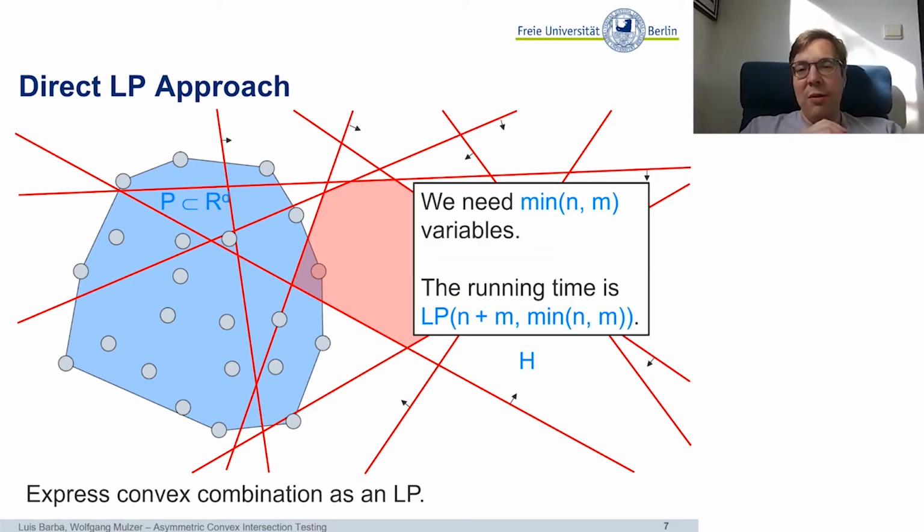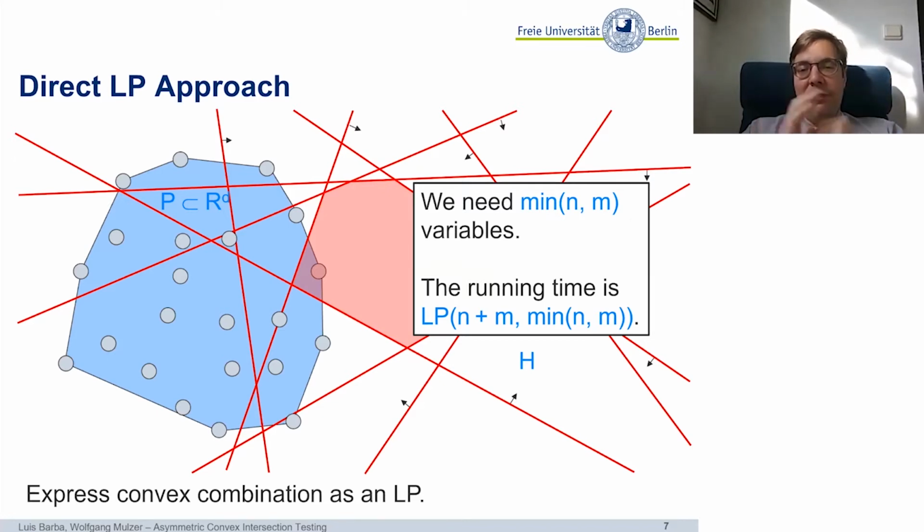This is also possible, but the problem is that we need to introduce more variables in order to express this convex combination. So basically, we need variables for expressing this convex combination to say that we have a point that is a convex combination of the points in P.